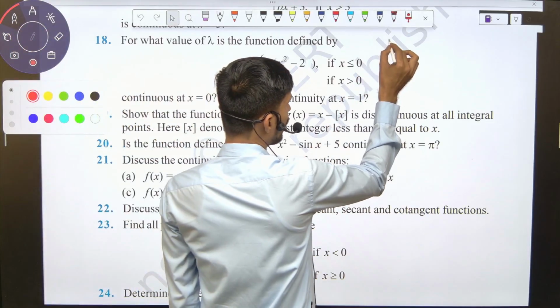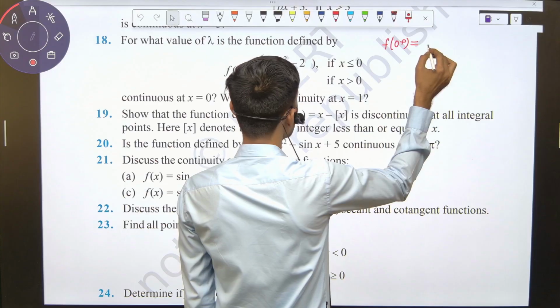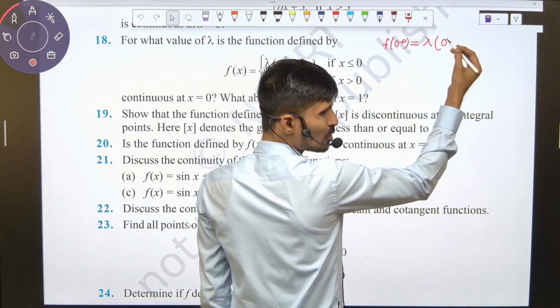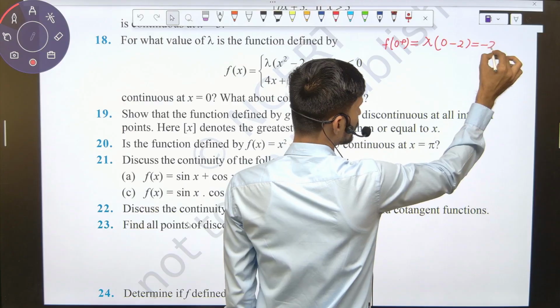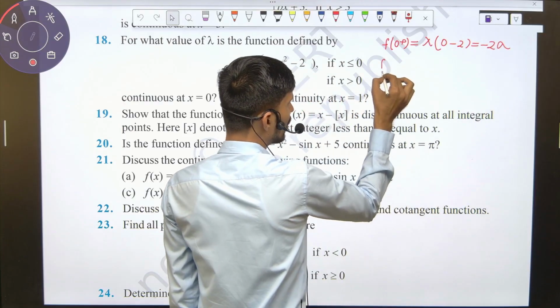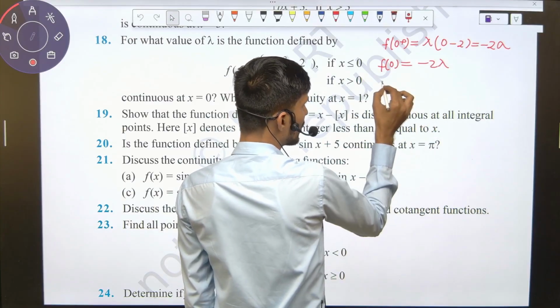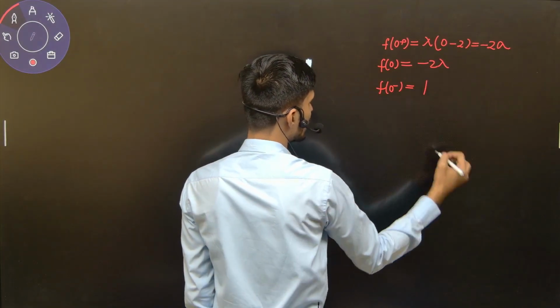So we'll find f of 0 plus. What will be f of 0 plus? Lambda times 0 plus squared will be 0 only. 0 minus 2, and that will become minus 2 lambda. Now I'll find f of 0. f of 0 will again be minus 2 lambda, and f of 0 minus will give 1.